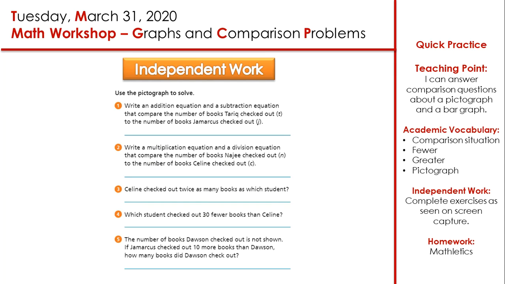In the same way, we're going to have 2 equations: one that is adding, and another one that is subtracting. Keep in mind that you're only focusing on these 2 people for the first question. Each one will ask you about specific people in the problem.